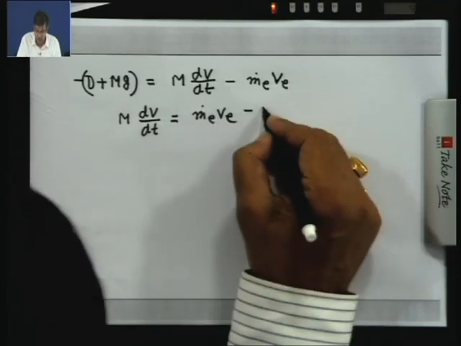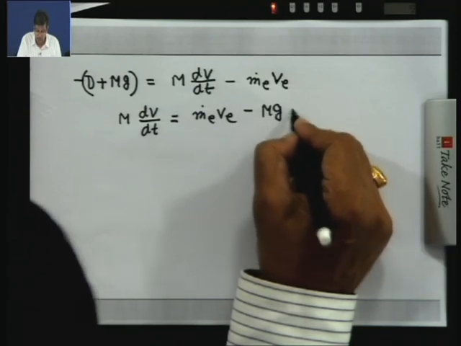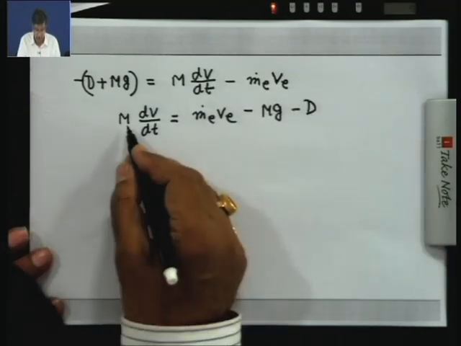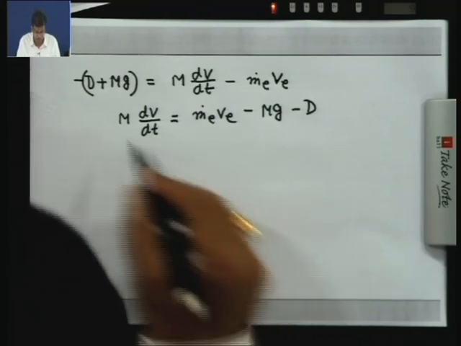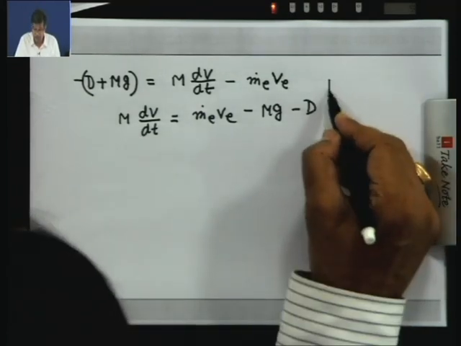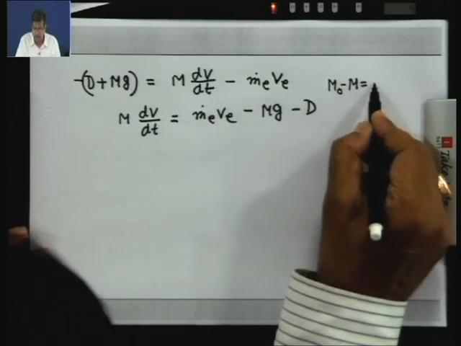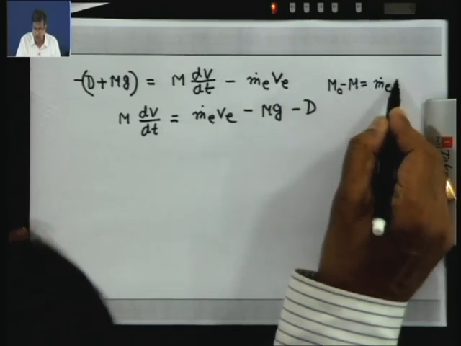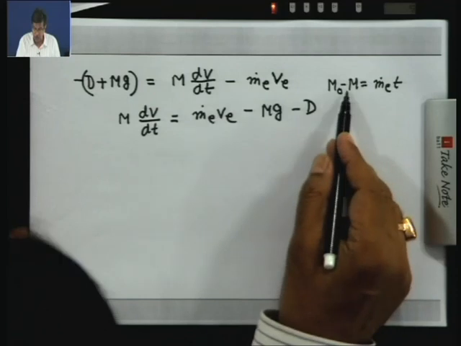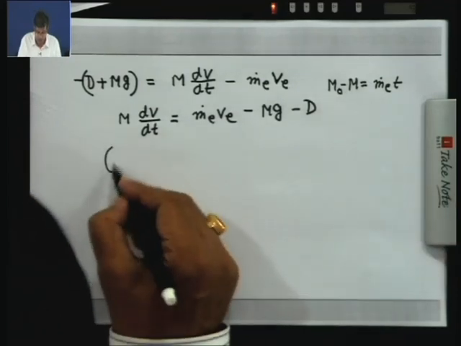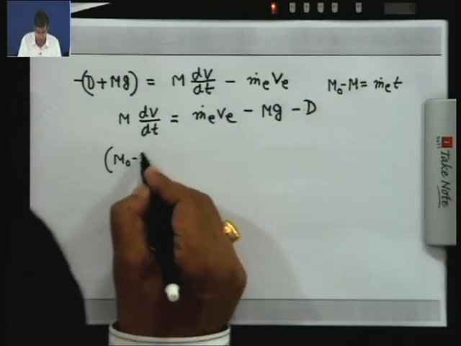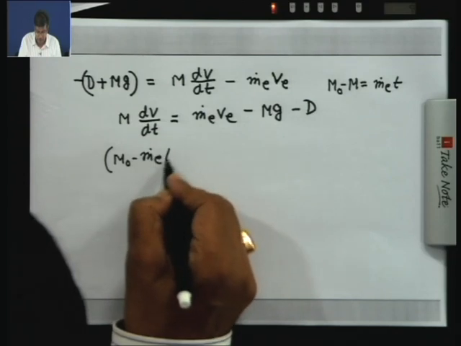minus mg minus D. Now I take that value of m, which was done earlier, that m varies linearly with m dot e t. So therefore m is m0 minus m dot e t.